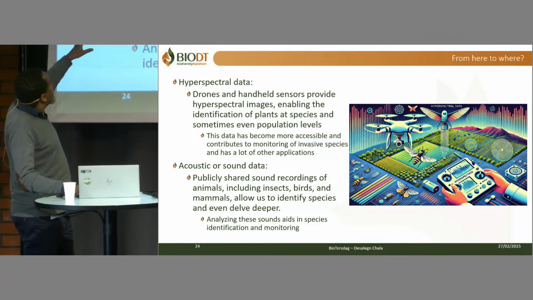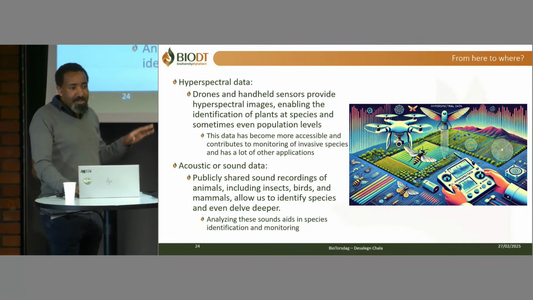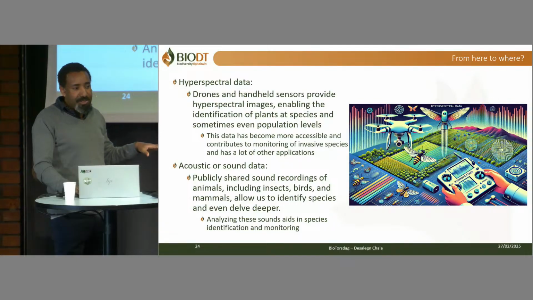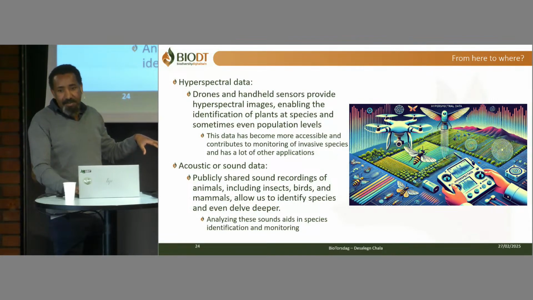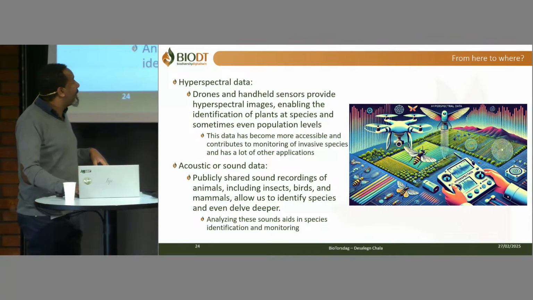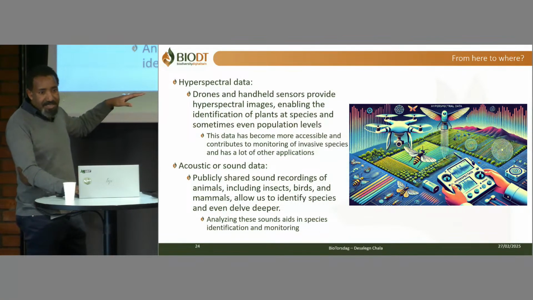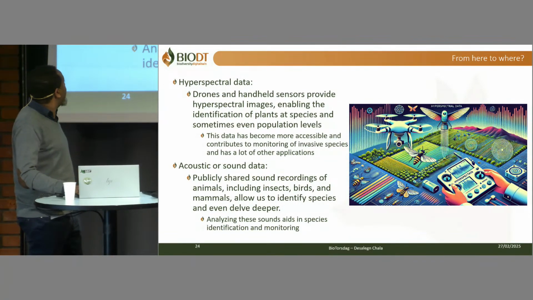Again, we are also producing hyperspectral data, data which have high spectral resolution, which can enable us to identify plant species at the species level and sometimes even at the population level, from handheld sensors and from drones.